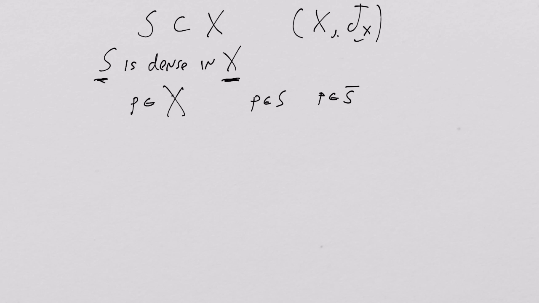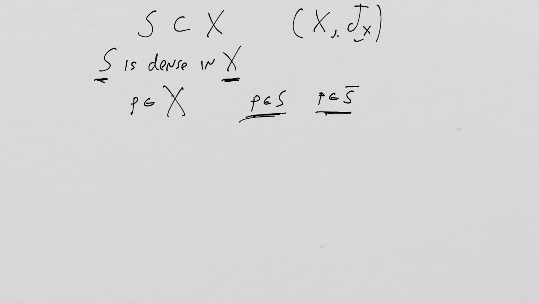See how I can do that now? If I want P to be an element of S, I can write that. But if I also want to say P is either an element of S or a limit point of S, I just say P is in the closure of S, because the closure of S contains all its limit points.